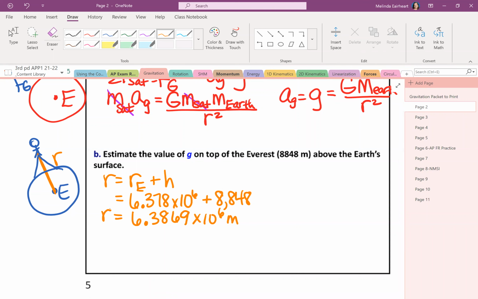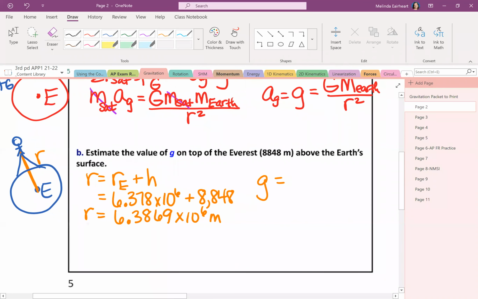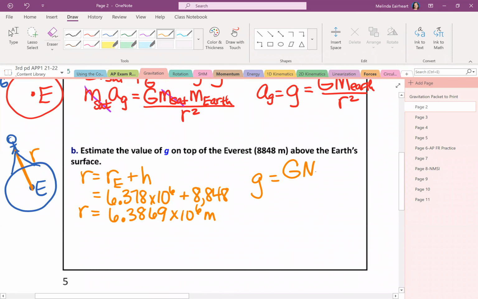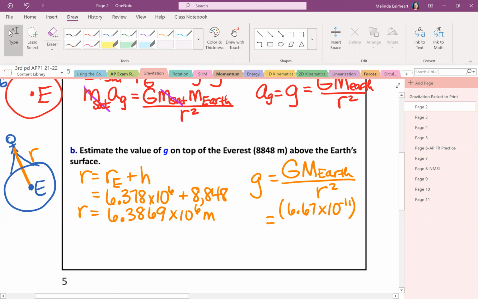And so using our derived equation, little g, the acceleration due to gravity, is big G, big M, not the mass of the person. Notice that's not given, divided by r squared. And so big G, 6.67 times 10 to the negative 11.